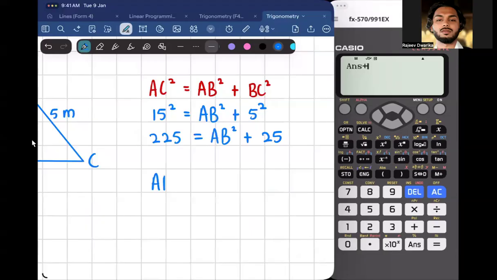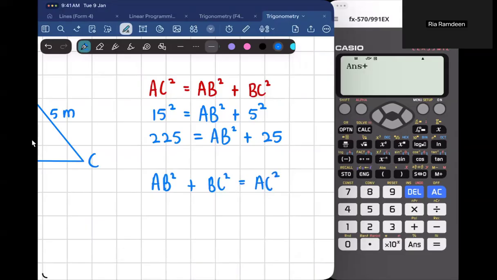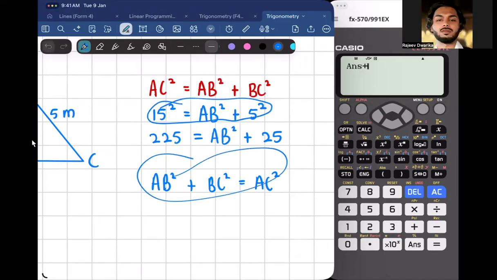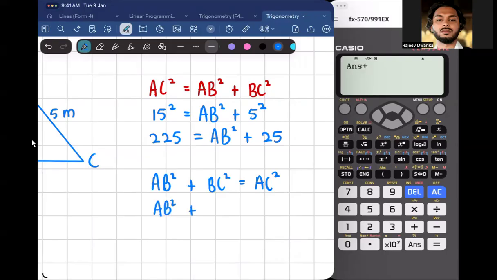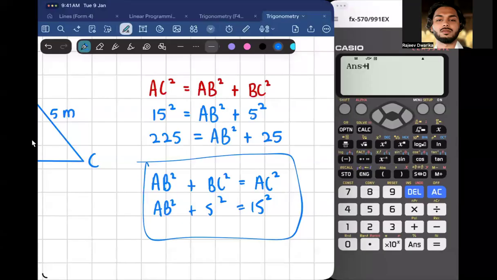If you wrote your equation as AB squared plus BC squared is equal to AC squared, then you're correct. Only if you write that. With AB squared and 5 squared, you're fine.